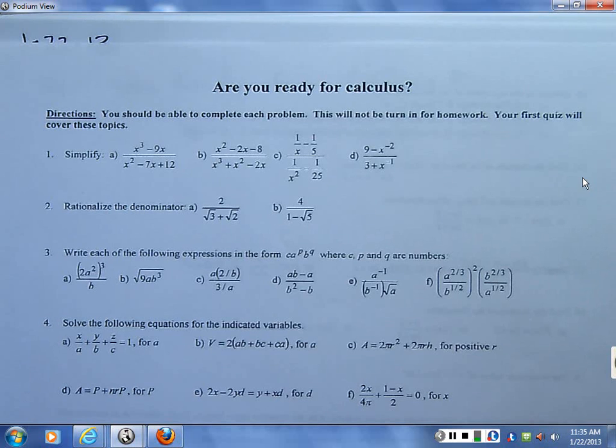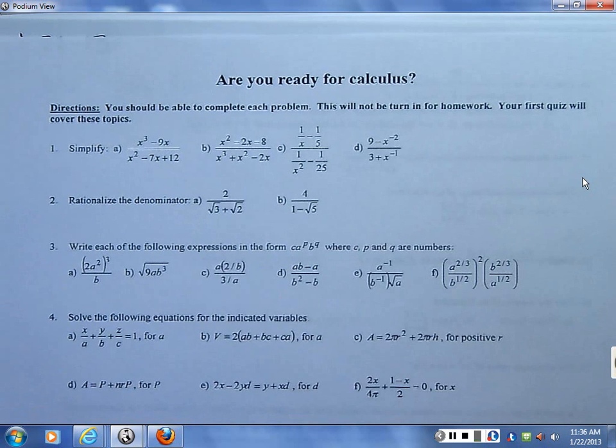You have a quadratic on top, but you have a cubic on bottom. If you factor out an x, you have a quadratic. Everyone at this level should be able to factor a quadratic. C and D are very, very similar, but they are written differently. I could rewrite this as x to the minus 1. I could rewrite this as 1 over x squared and simplify that. Does anyone have any questions on number 1? If you want to see one, we don't have too much time to go over one on each one.